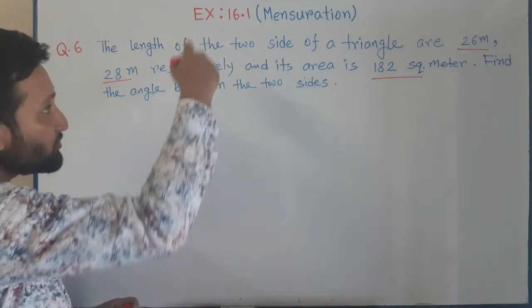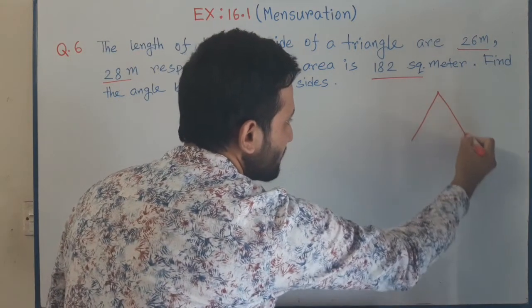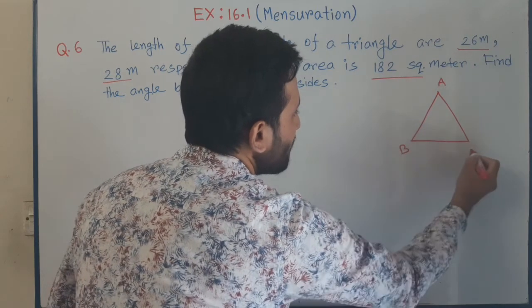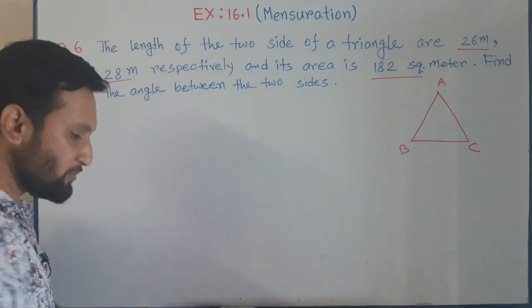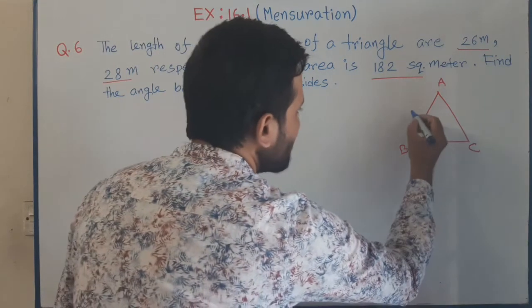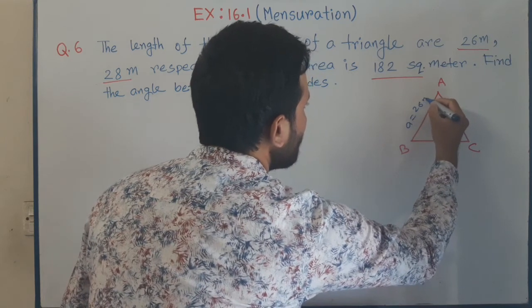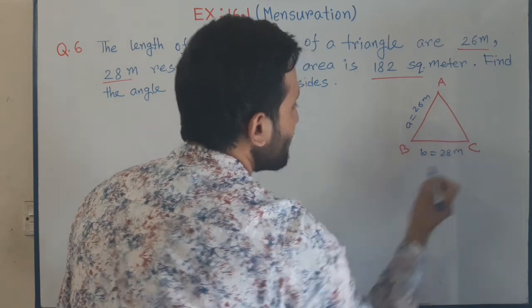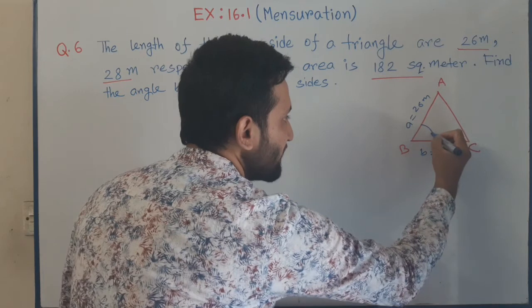So for this question, at first draw a figure like this. Suppose ABC is a triangle where two sides are given, one side 26 and another 28 meter. Imagine one side a equal to 26 meter, and another adjacent side b equal to 28 meter, and the included angle between the two adjacent sides is theta.